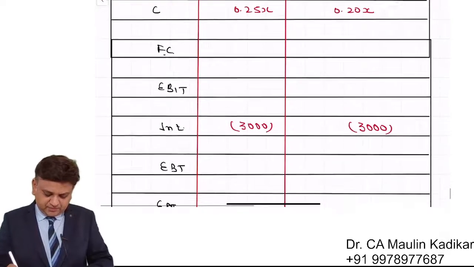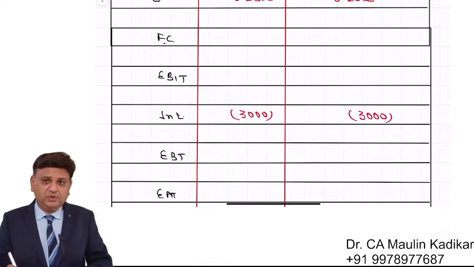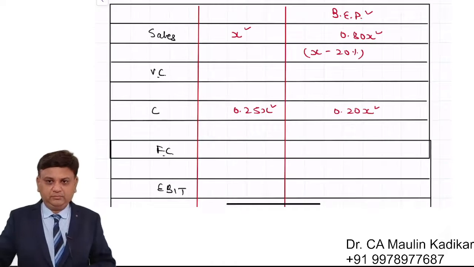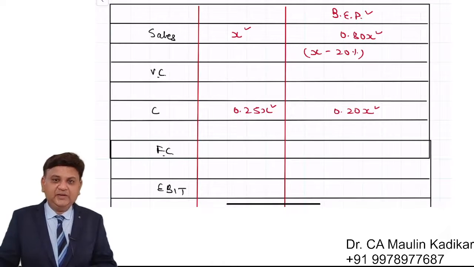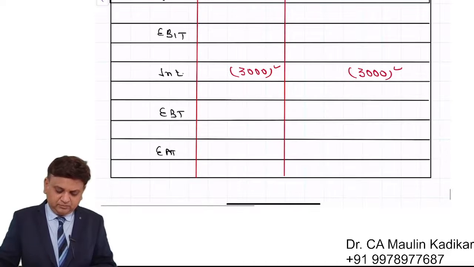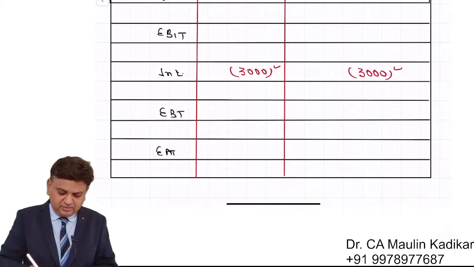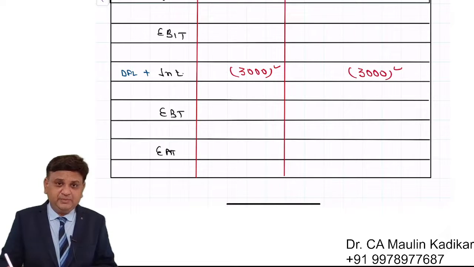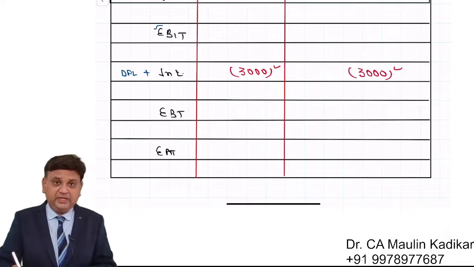Financial leverage is 4. So this information is going to be useful. DFL is 4. The DFL information along with the interest will be useful to calculate EBIT.